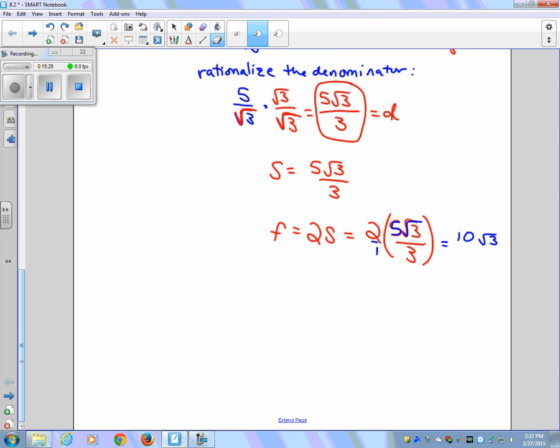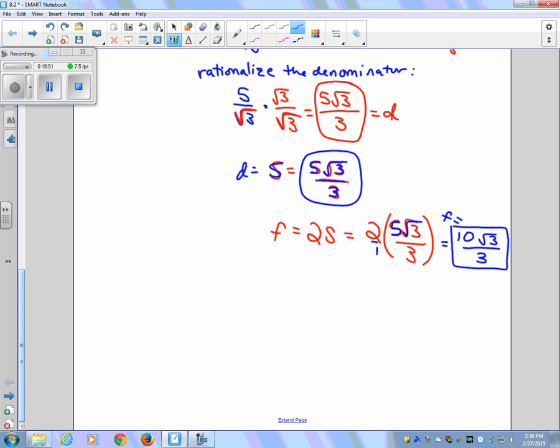So 2 times 5 root 3 is 10 root 3 on the top, and 1 times 3 is 3 on the bottom. So your final answer for F is 10 root 3 over 3, and S, or D, is 5 root 3 over 3. So 10 root 3 over 3 is twice as much as 5 root 3 over 3.